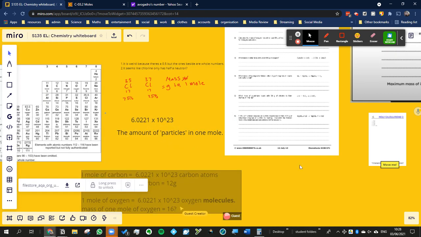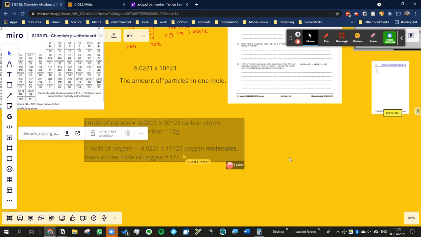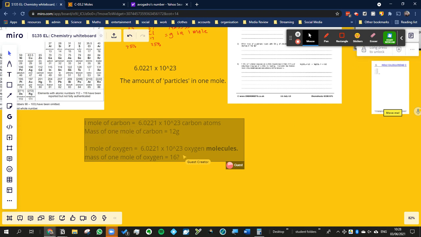So if oxygen went around as atoms, then it would be 16, and the unit would be grams. So 16 grams. So if I actually said to you a mole of oxygen atoms, then the answer would be 16 grams. But I'm saying a mole of oxygen, and because I've not said one way or another, you have to assume it's oxygen molecules. Oxygen molecules are O2.